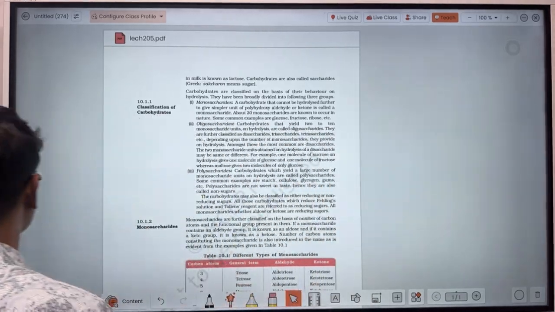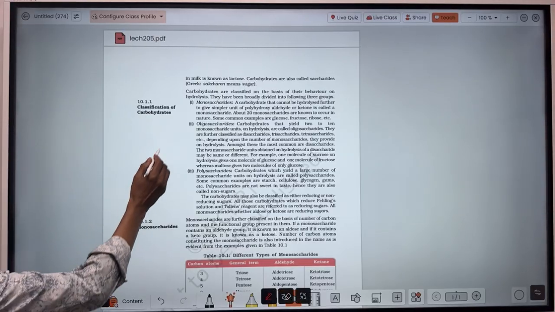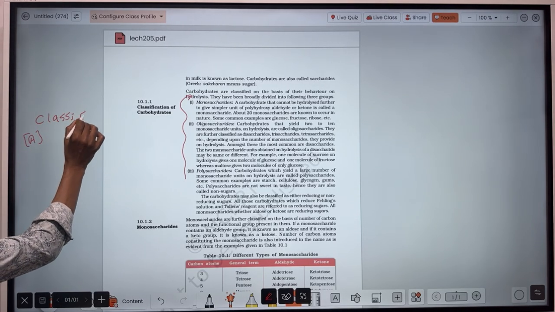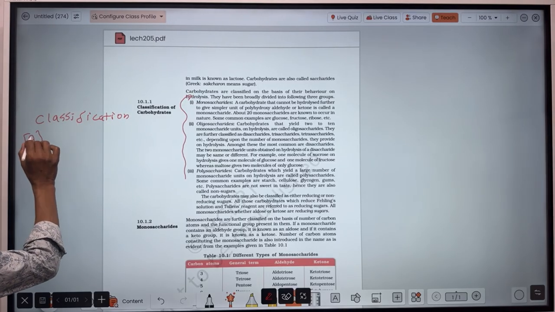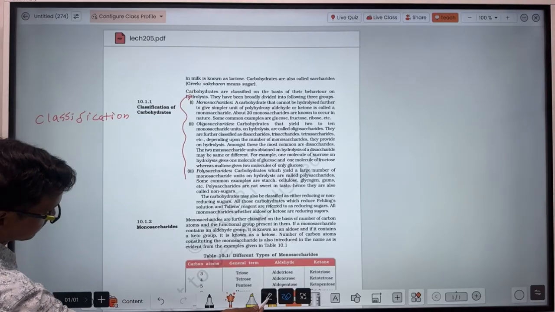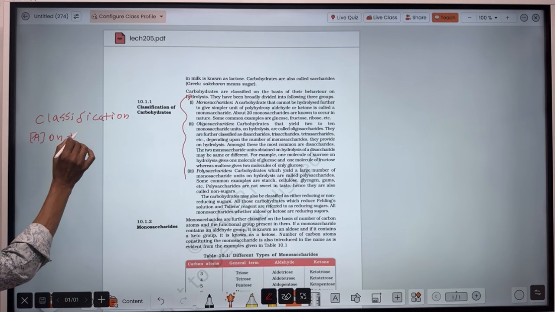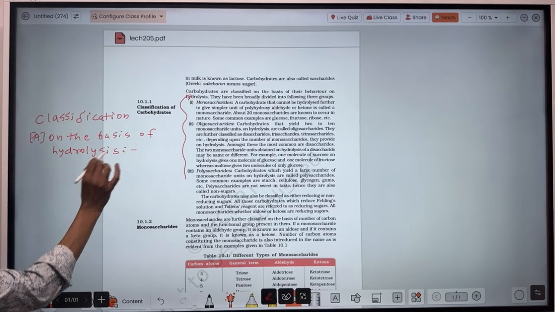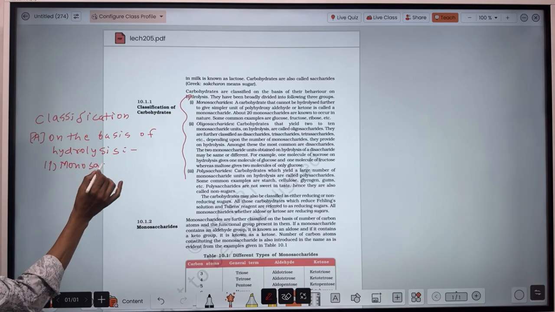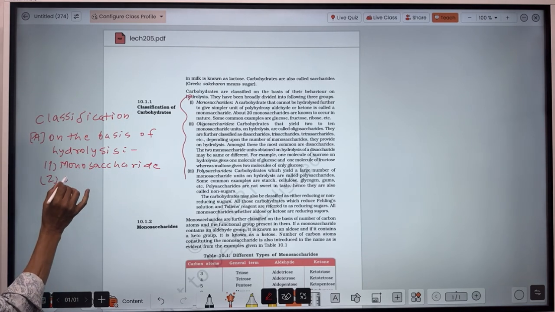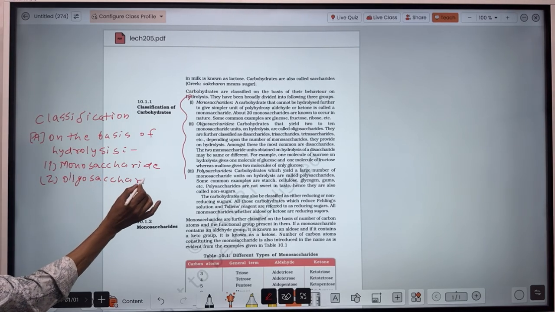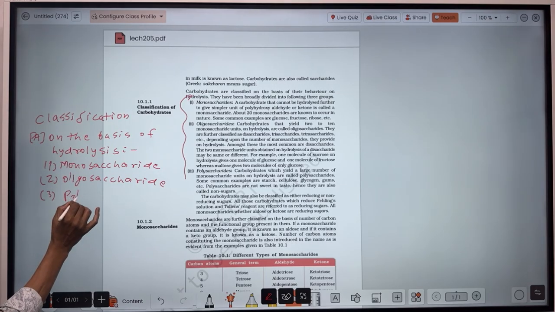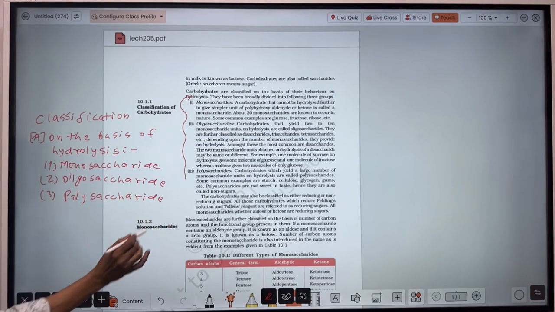Okay, so carbohydrates are classified here. First, the basis of classification of carbohydrates is hydrolysis.